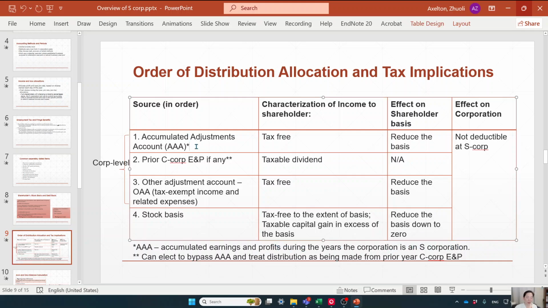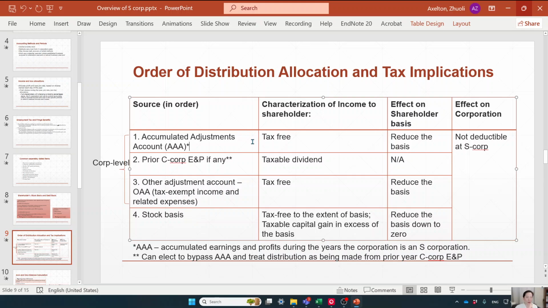This AAA account is really earnings and profits for S Corp only. And then the second basket is prior year C Corp E&P, and the last one is the other adjustments account. So there will be some tax-exempt income and related expense in the S Corp period. And finally, we'll get to the stock basis.